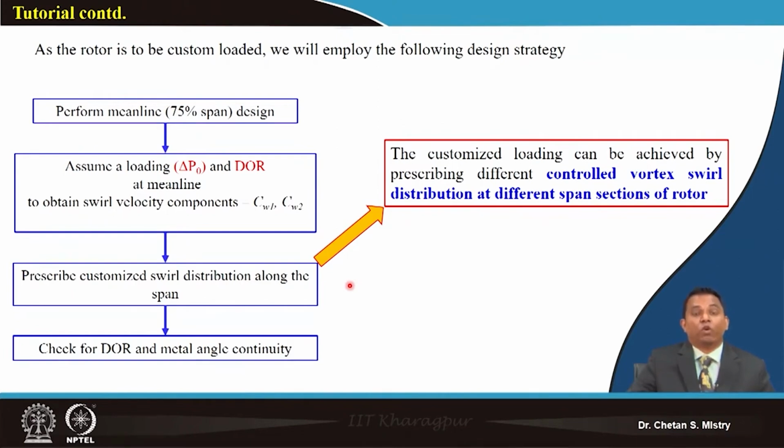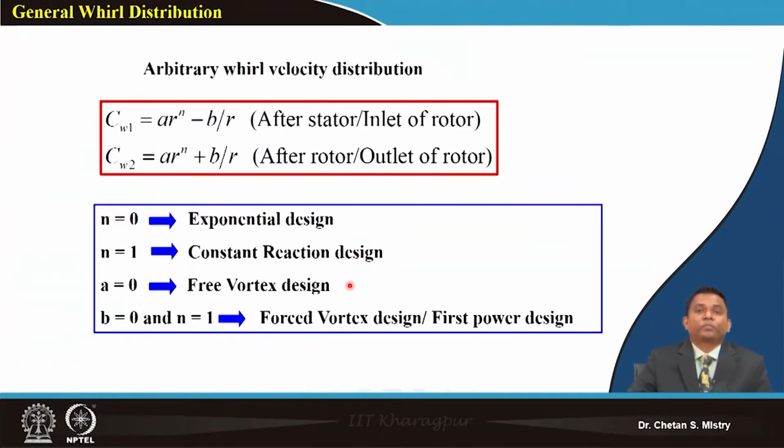It may go to 0 or sometimes it may go negative, and we know the consequences of that. That's the reason why we need to keep an eye on the degree of reaction near the hub region. Same way we will be taking care of my blade angle variation. We can say metal angles beta 1 and beta 2 variation, or delta beta variation, needs to be smooth. Okay, so let's see what can be done here.